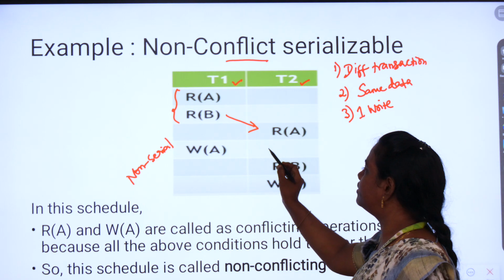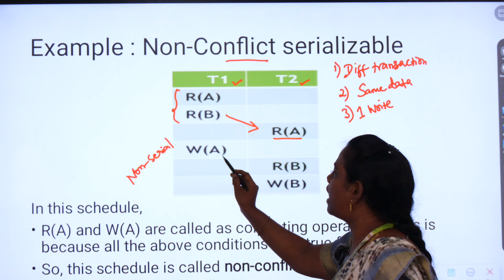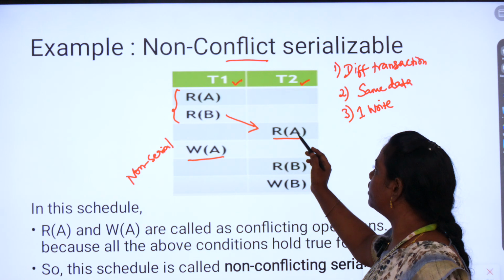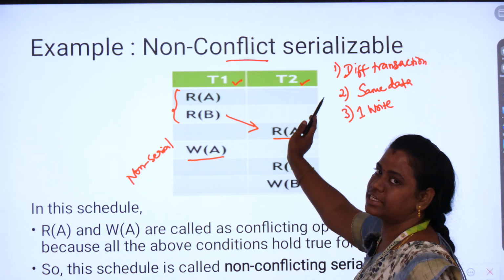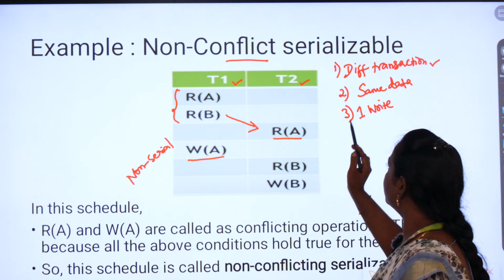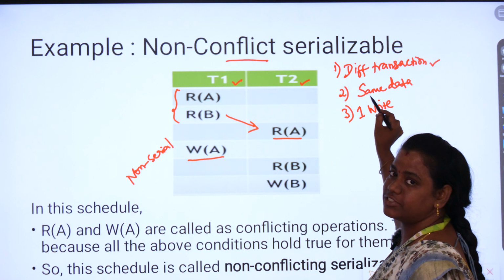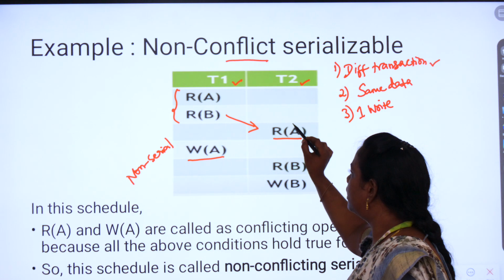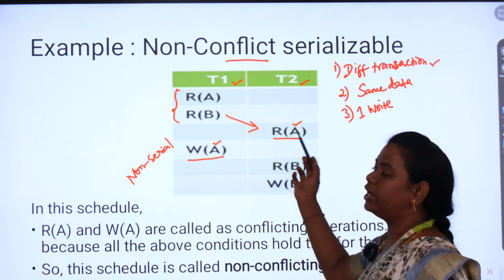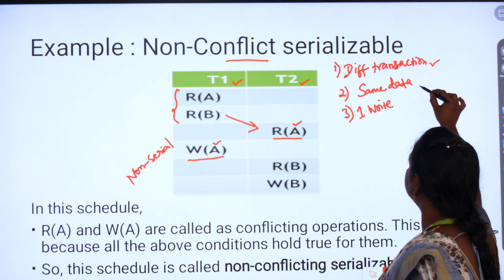Consider in this example R of A and W of A as conflicting operations, because both belong to different transactions T1 and T2, so condition 1 is satisfied. Next, they deal with the same data: here the data is A and here also the data is A, so the condition is true.